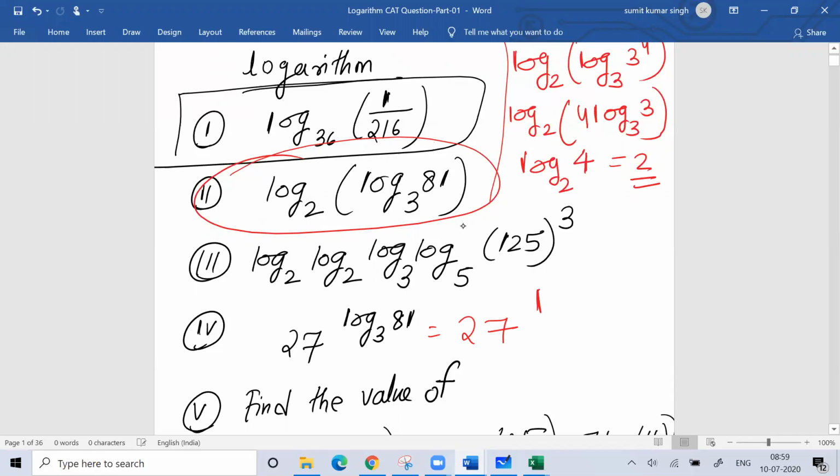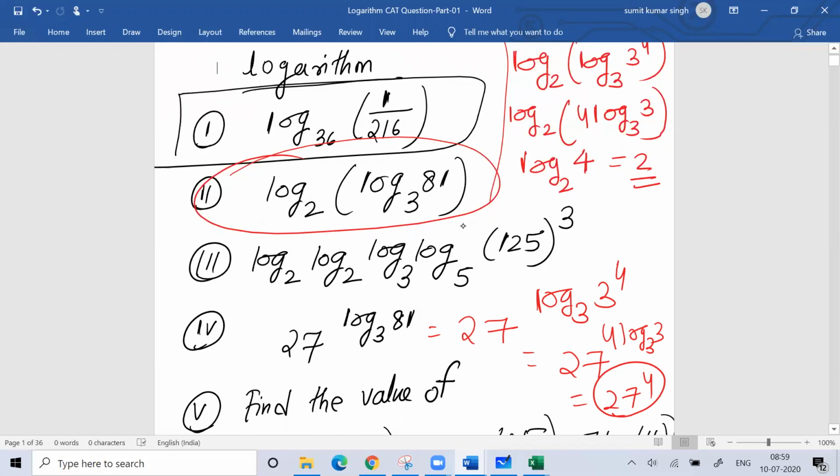It's 27 to the power of log base 3 of 3 to the power 4. So I can write the same thing as 27 to the power 4 log base 3 of 3, which means the answer is 27 to the power 4, because it'll cancel out.